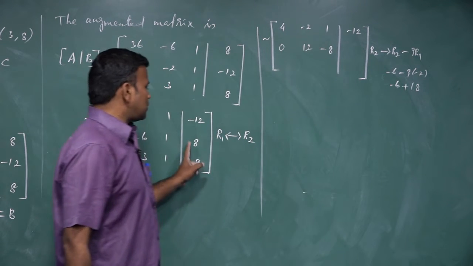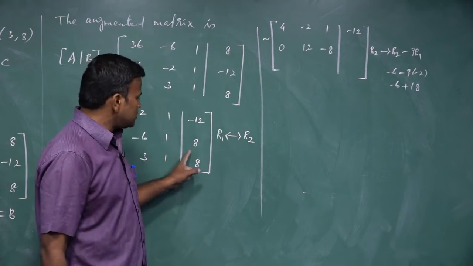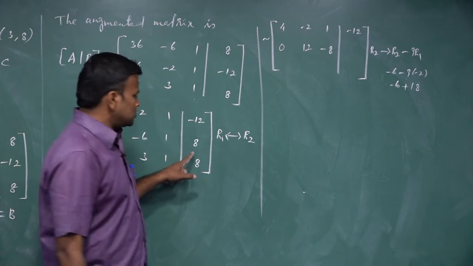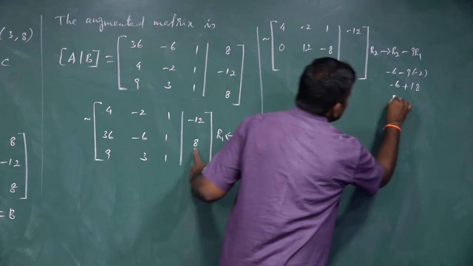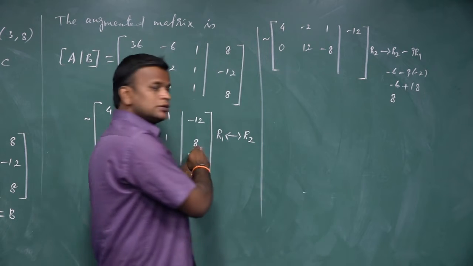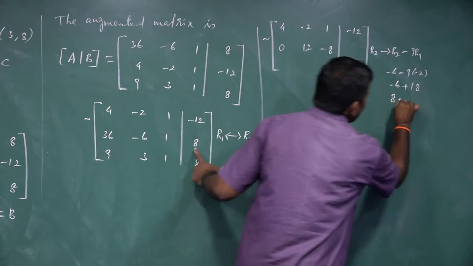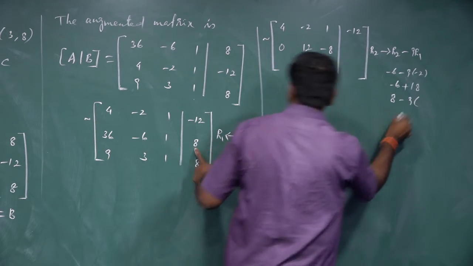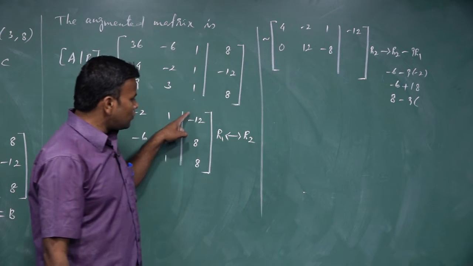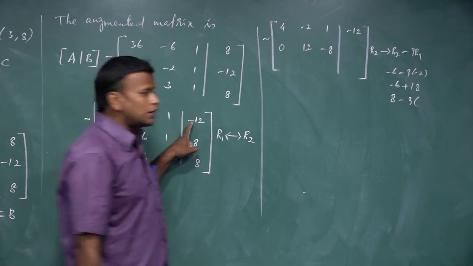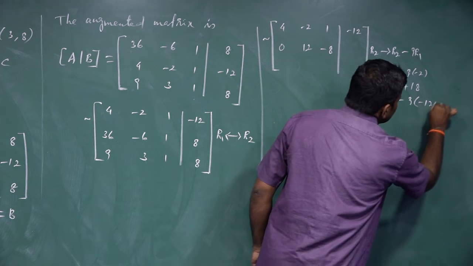Next one, the number 8 becomes 8 minus 12. It's a big number. If I do it inside, R2 is 8 minus 9 times the corresponding element of R1, which is minus 12.